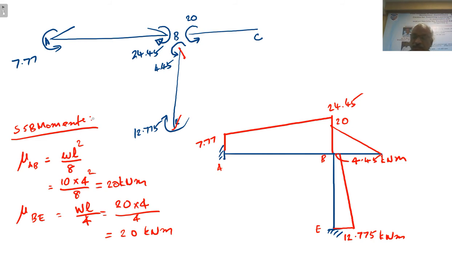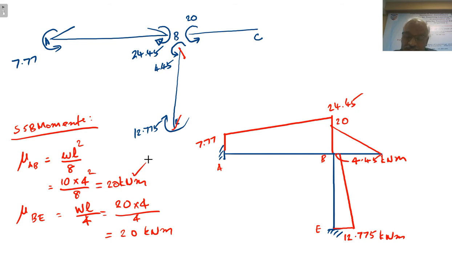So for this, here it is 24.45, here it is 7.77 at A. So the average will be 24 plus 7, 31, let us say 32. At the center, the average ordinate will be 16. So this value 20 is more than 16.